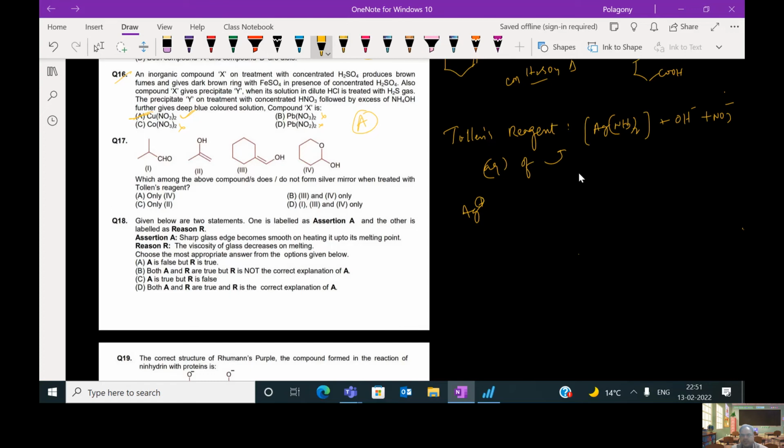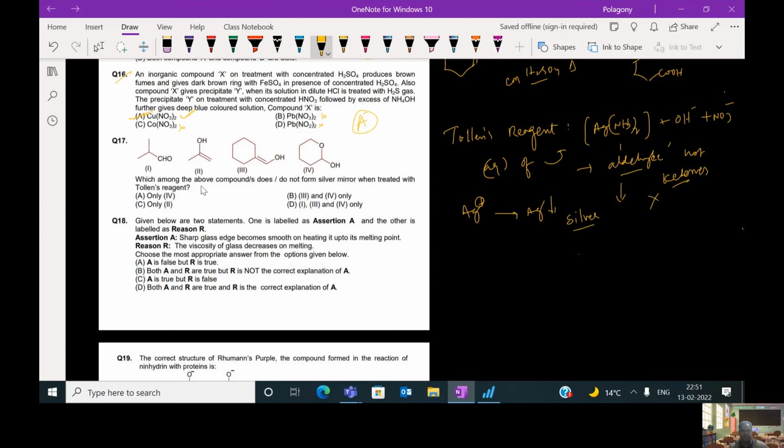This Tollens reagent is useful to distinguish aldehydes and ketones, because aldehydes convert Ag+ ions into metallic silver precipitate, while ketones do not give this test.